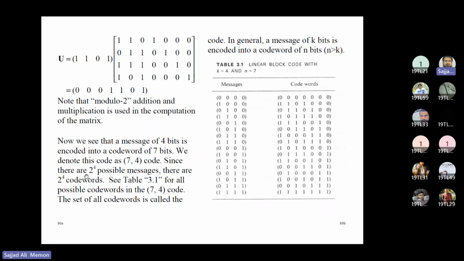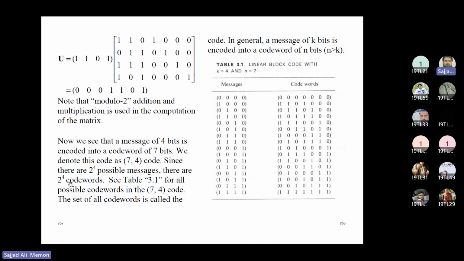Since there are 2^4 possible messages, because the input message consists of 4 bits, there are 2^4 code words, that is 16, like you can see in Table 3.1.